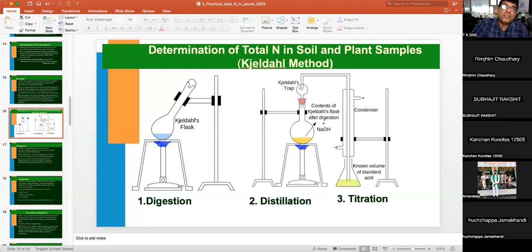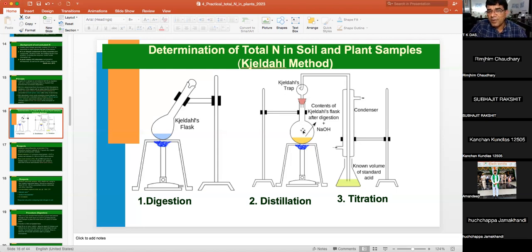Here distillation means the ammonia will be liberated in the presence of a strong alkali, that is sodium hydroxide. You have the Kjeldahl flask with your digested material. You have added some distilled water and it was cooled down, and then you have added 40% sodium hydroxide, say 120 ml of this.